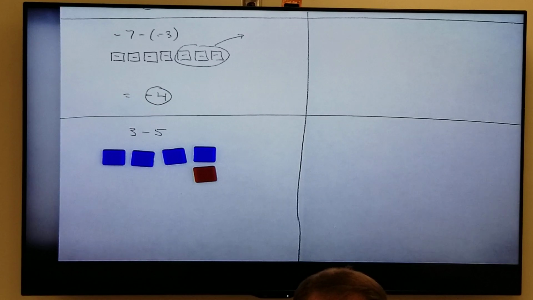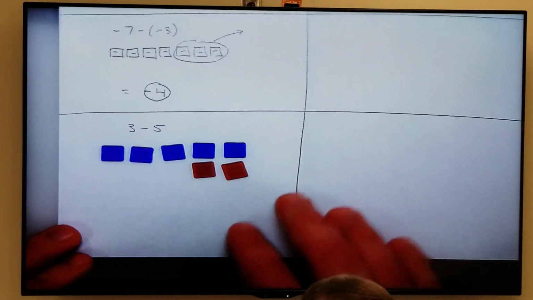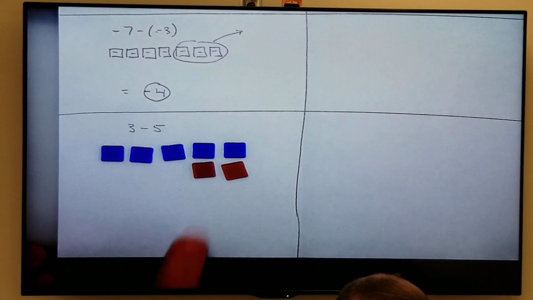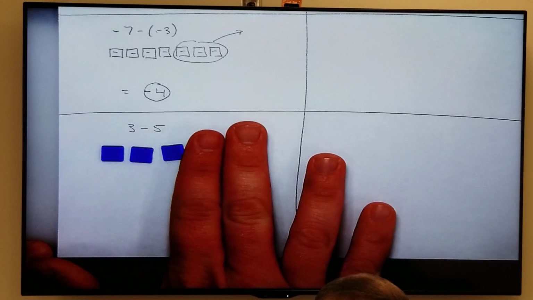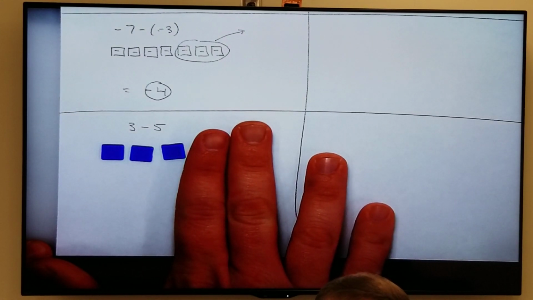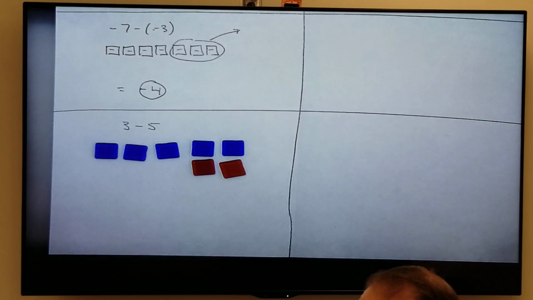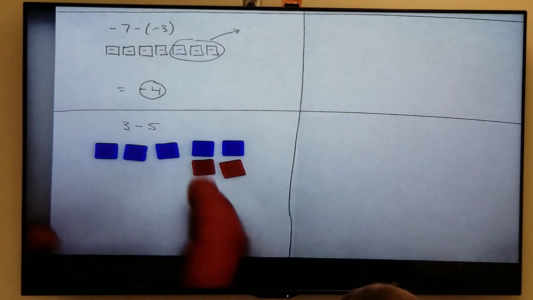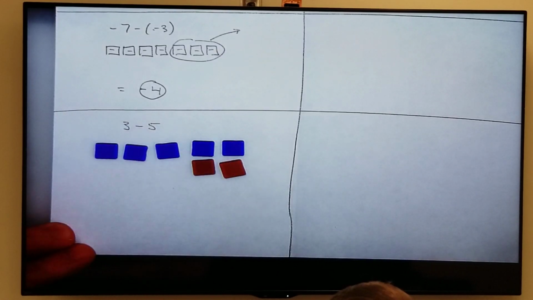right? And I could do the same thing with another 0 pair. And this is still just 3, because this 0 pair cancel each other, this 0 pair cancel each other, and so I just have 3 positive tiles. But the reason that I wanted to add 2 0 pairs here is that now, you see, now I have 5 positive tiles that I can take away, right?